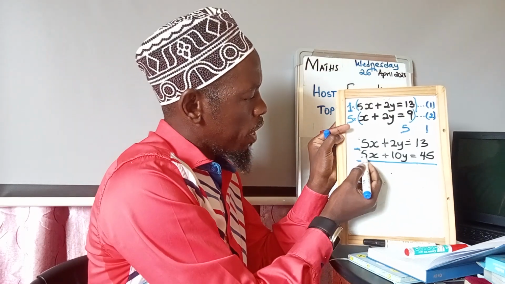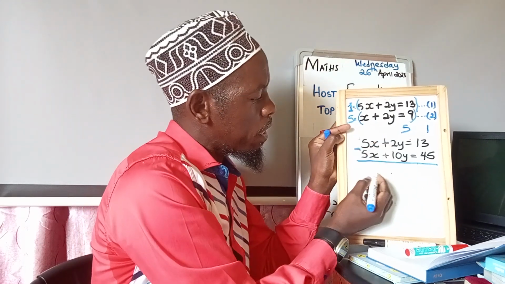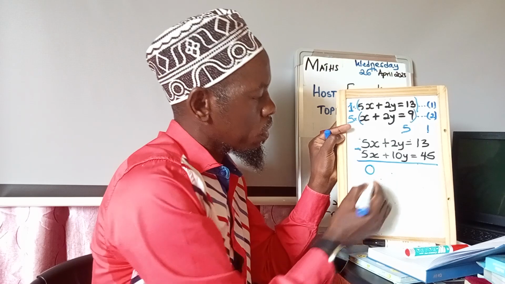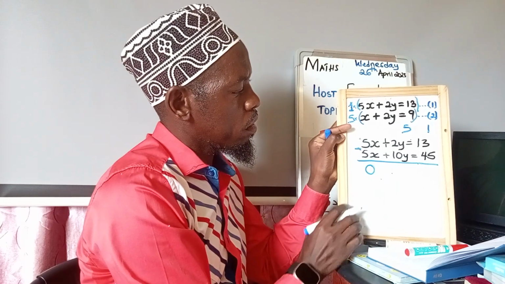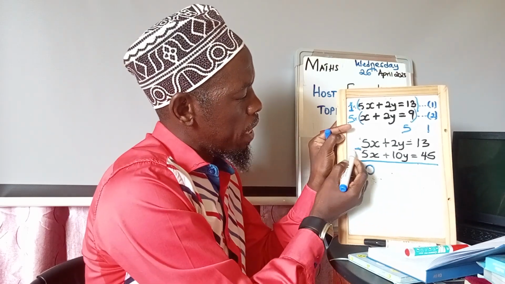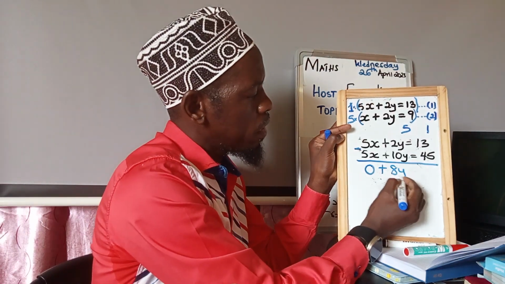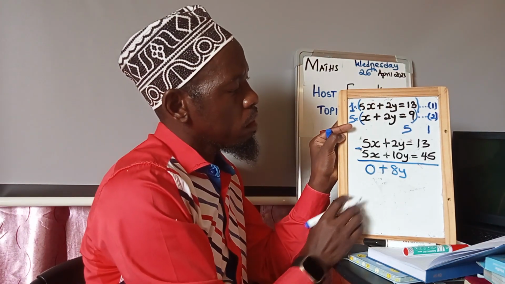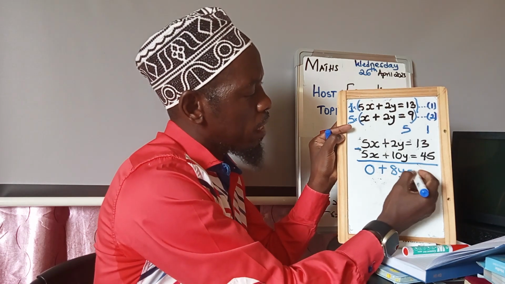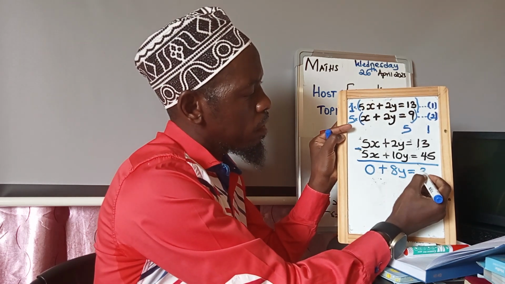Alright, 5x down minus 5x gives us 0. 10 minus 2 gives us 8y. 45 minus 13 gives us 32.